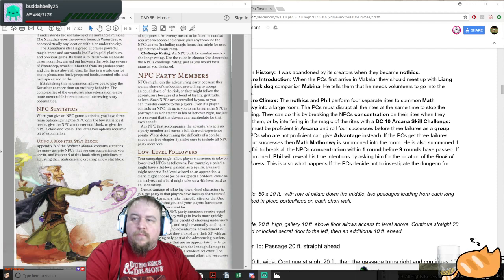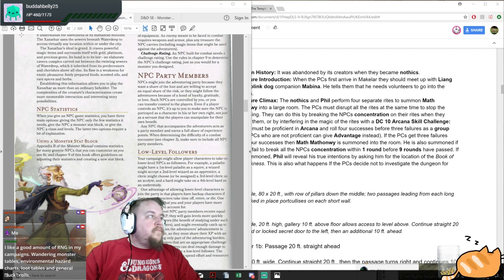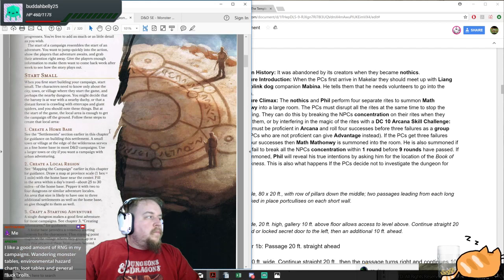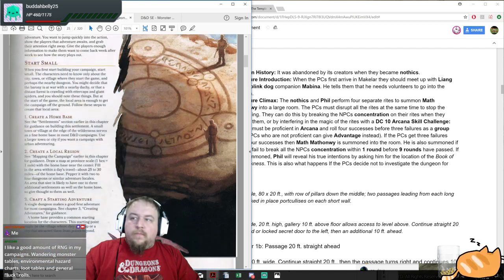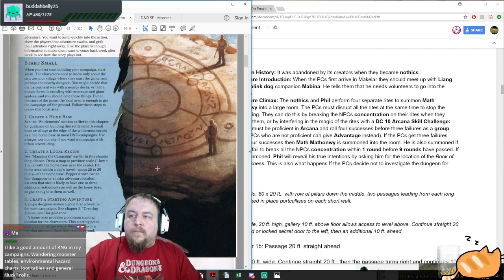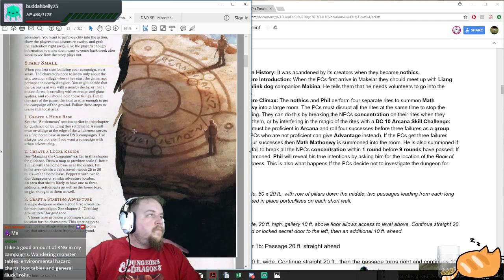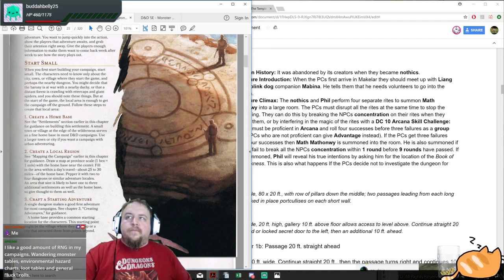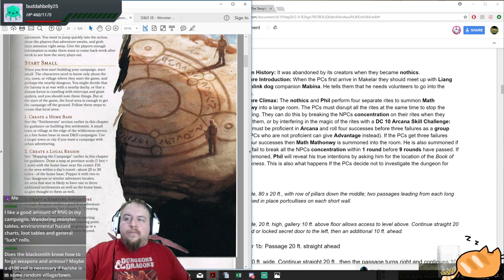When you first start building your campaign, you should start small. Create the home base for the PCs, which in my case was McKellar. And then create a local region with maybe a couple dungeons. You don't have to do 4 dungeons. You can have 2, and you can have one extra settlement in the same region, usually a step below.